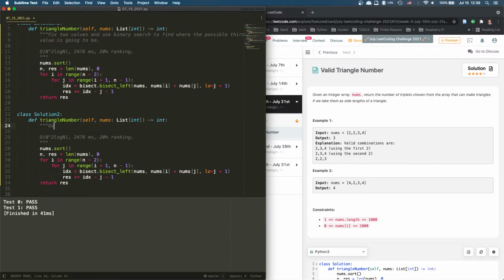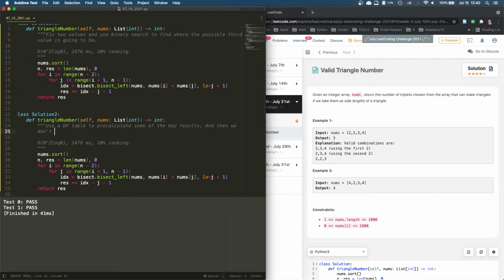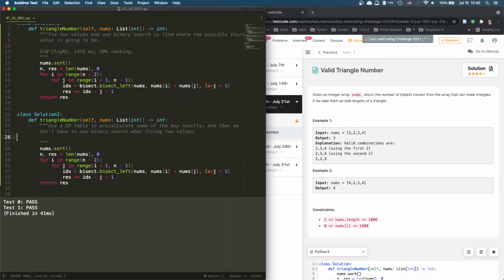So use a DP table to pre-calculate the sum of the key results, and then we don't have to use binary search when fixing two values. All right.